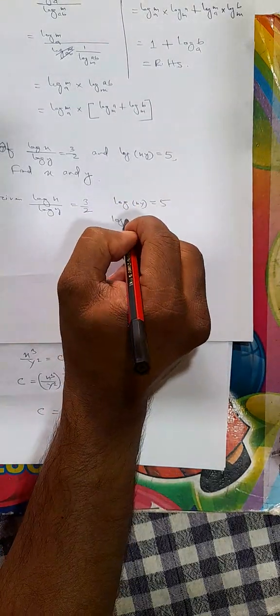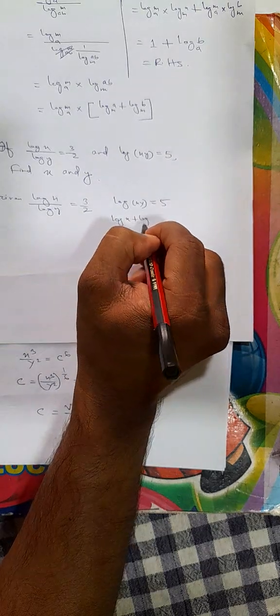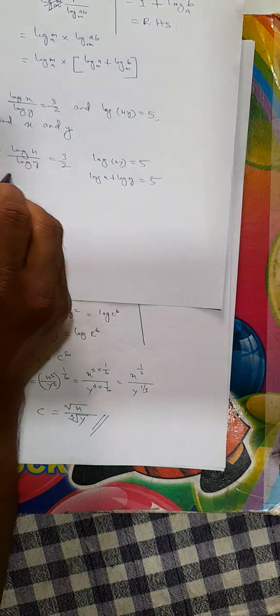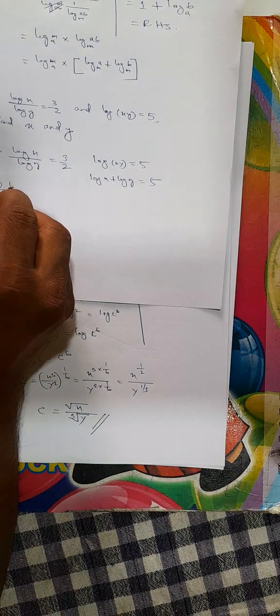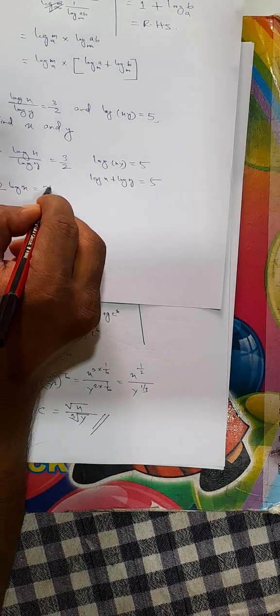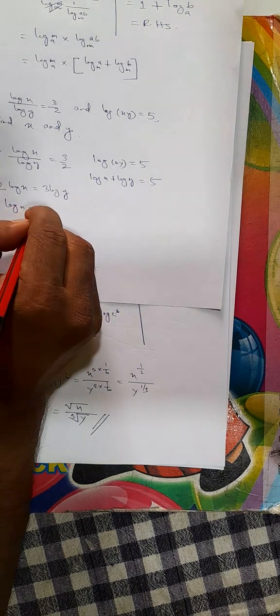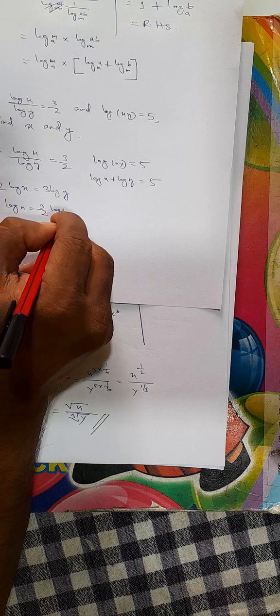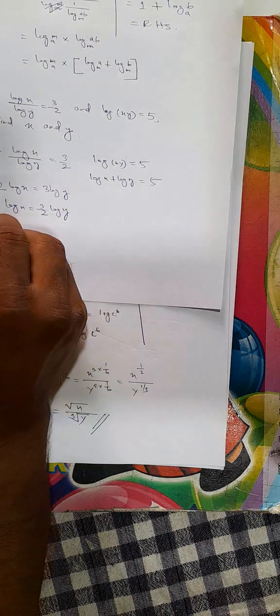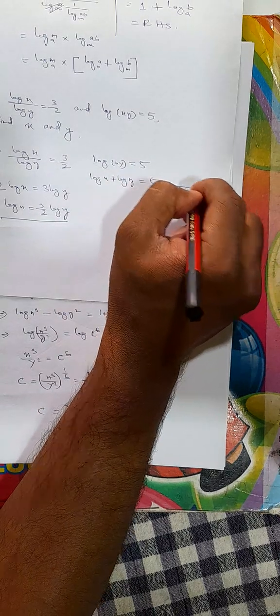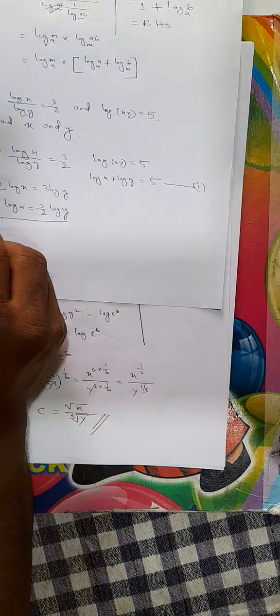Log xy means log x plus log y equals 5. Here you get 2 log x equal to 3 log y, or log x equal to 3 by 2 log y.